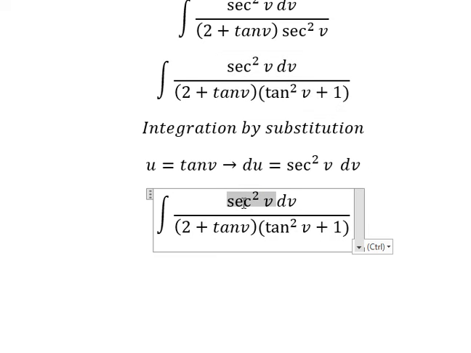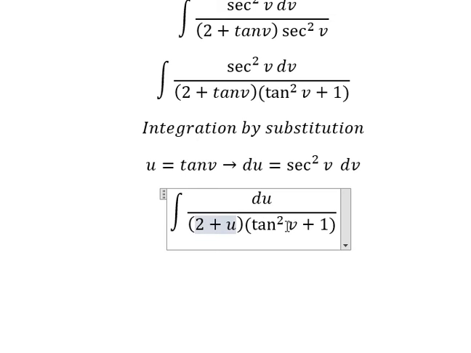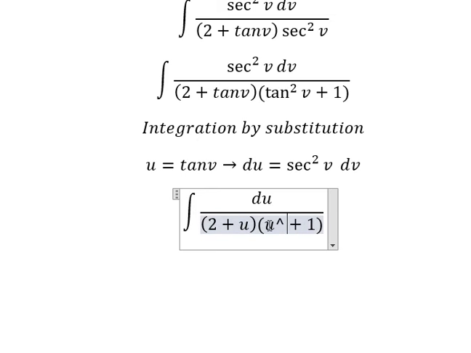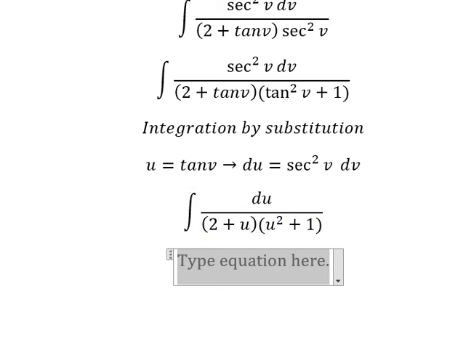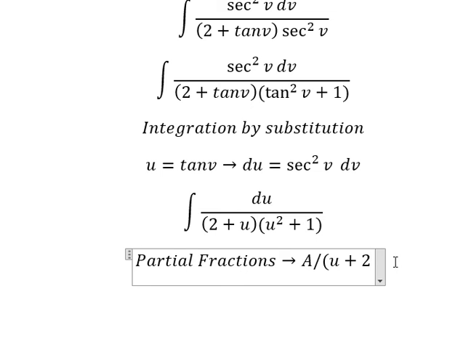So this one we change by du. This one we change by u. This one you get u squared. Now we can use partial fractions. So I will put capital A over u plus 2.